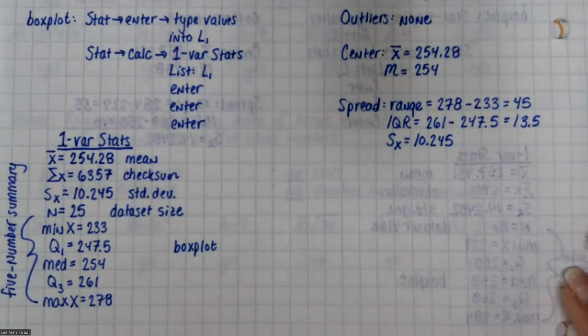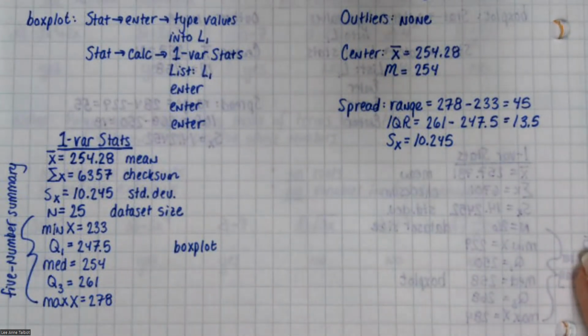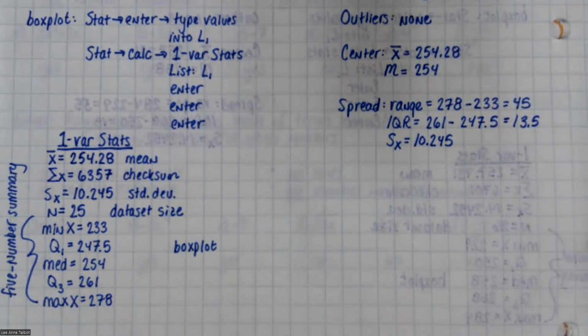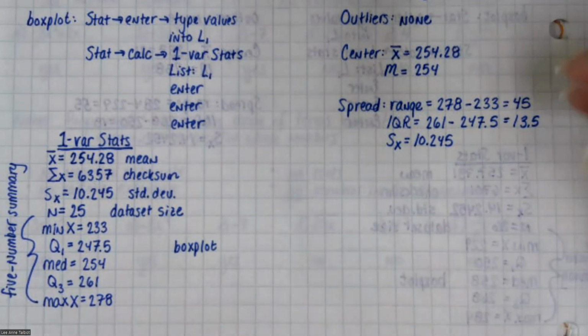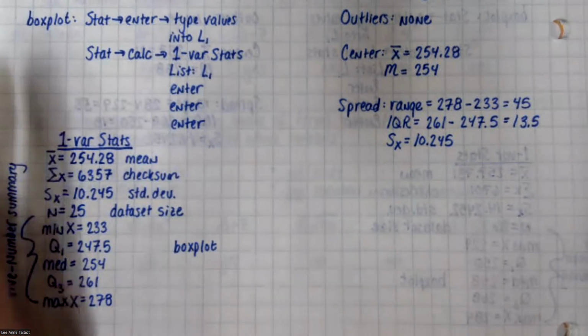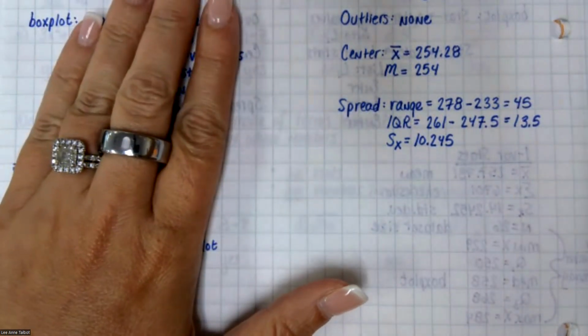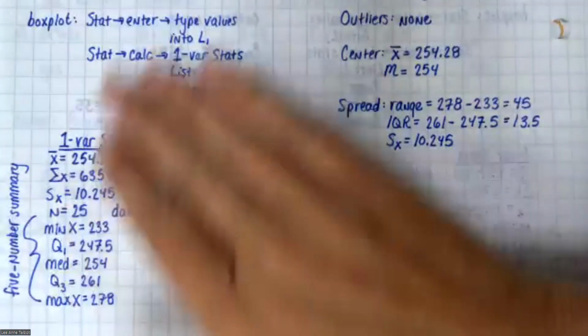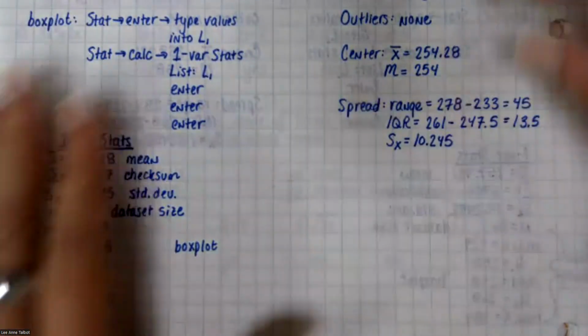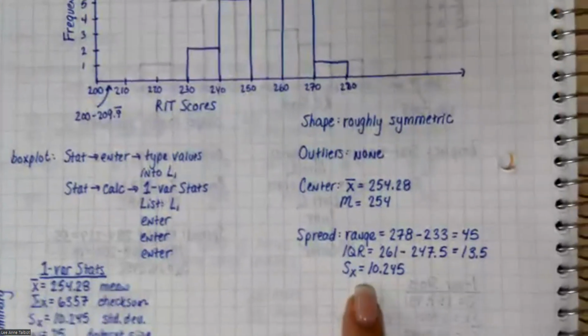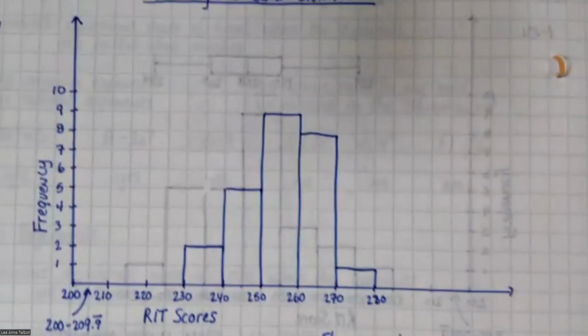Unfortunately, we didn't know that before first period, and they had to cram their box plots on top of their histogram, and it looked really sad. Oh gosh, we didn't make our box plot. Hold on. Okay. So I don't need you to write this down when you do yours. This is just instructions. I just need you to do this part up here and this part over here, but we need to do the box plot real quick.